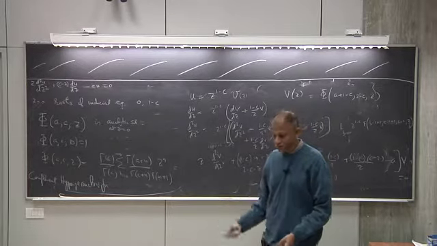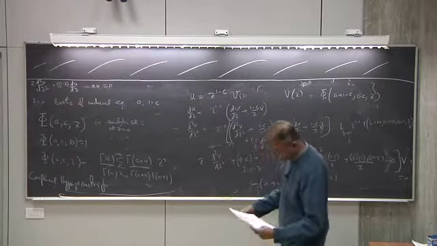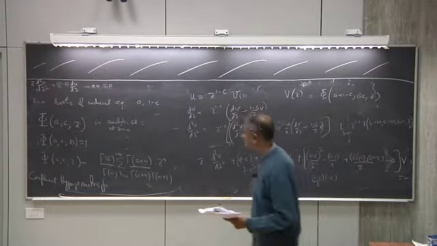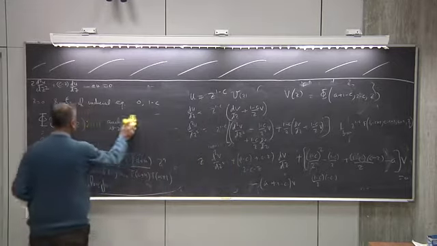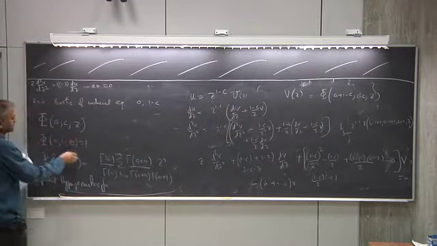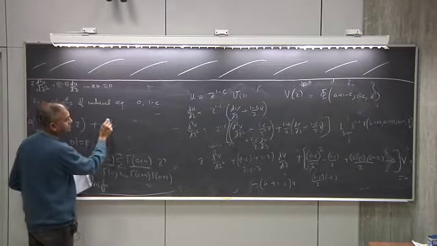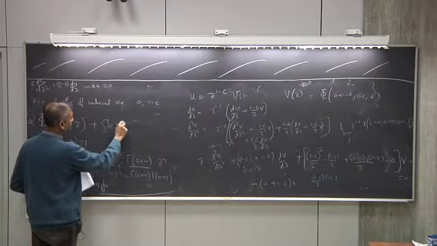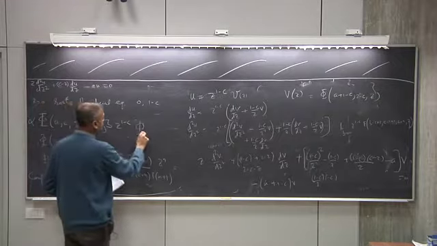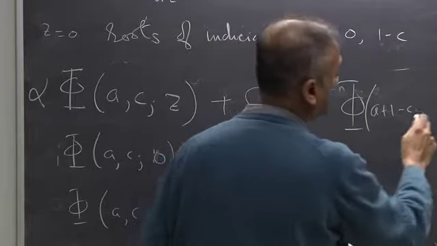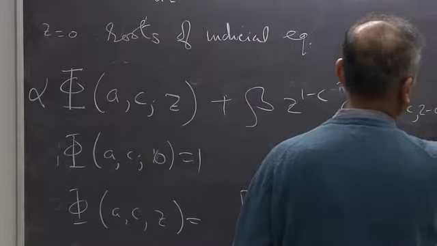So what happens near z equal to infinity? At the moment, the most general solution that we have is some alpha times this plus beta times the second solution, which is z to the 1 minus c times phi of a plus 1 minus c, 2 minus c, z.